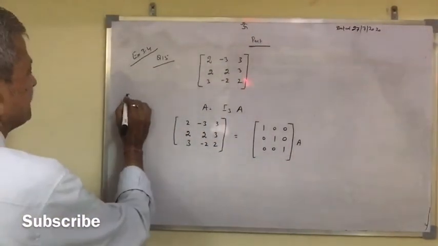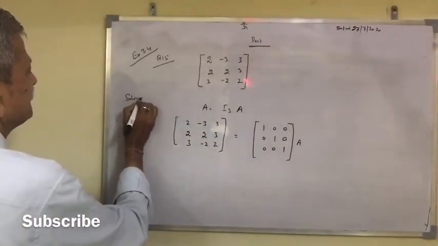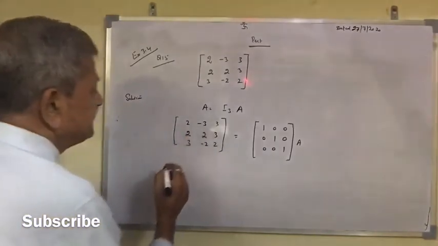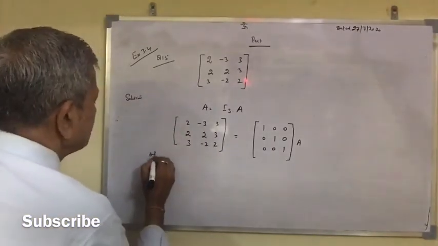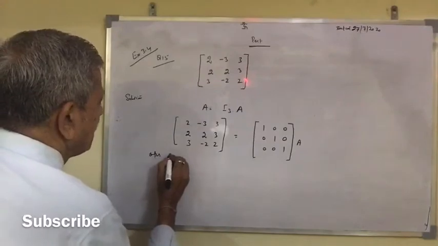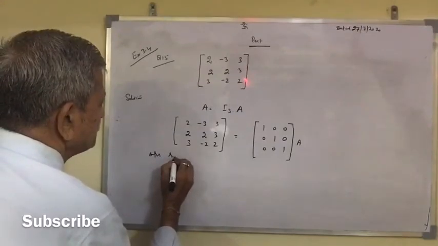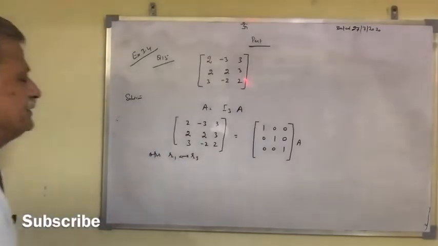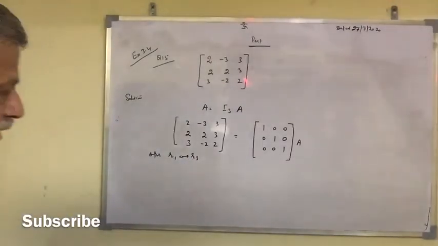Now you have to find the solution of this matrix, and we operate like this: 2 minus 3 3, 2 2 3, 3 minus 2 and 2. The first operation you do is R1 to R3, meaning a row transformation R1 to R3.